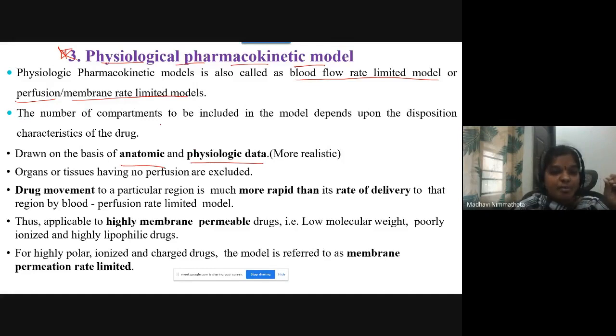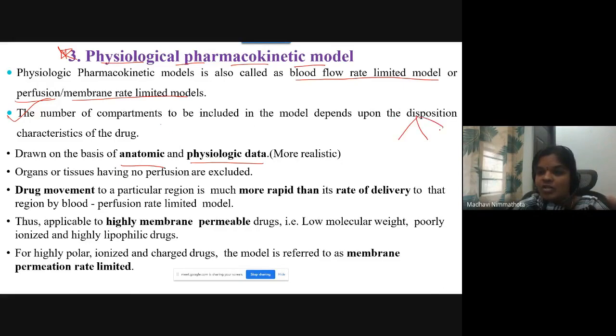The number of compartments to be included in this model will depend upon the drug deposition characteristics. We cannot say that lung, kidney, heart, brain, all the organs will be involved. It will be totally dependent upon the drug deposition characteristics.